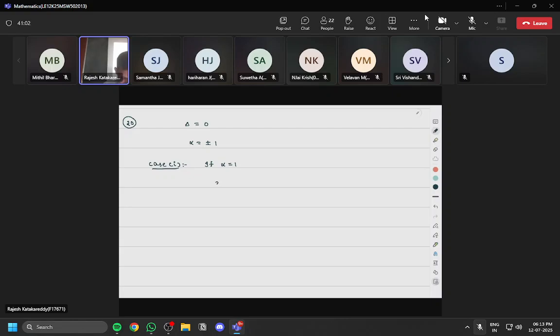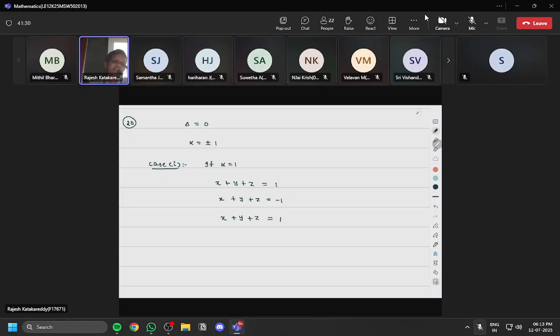Equation 1 becomes x plus y plus z equals 1. The second equation becomes x plus y plus z equals minus 1. The last equation is x plus y plus z equals 1.